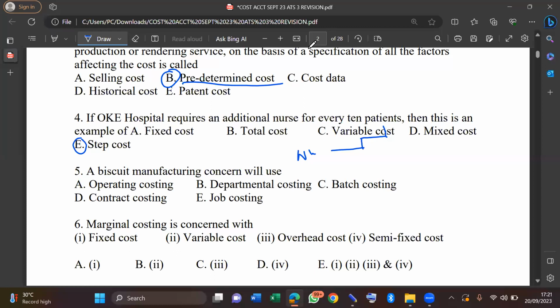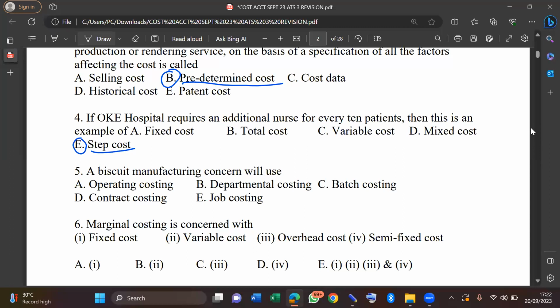It will still move, and when it moves, it remains at that level. If they have another 10 patients extra, it will change again. So this is step, moving from year to year. Is that taking? So the correct answer is step cost.